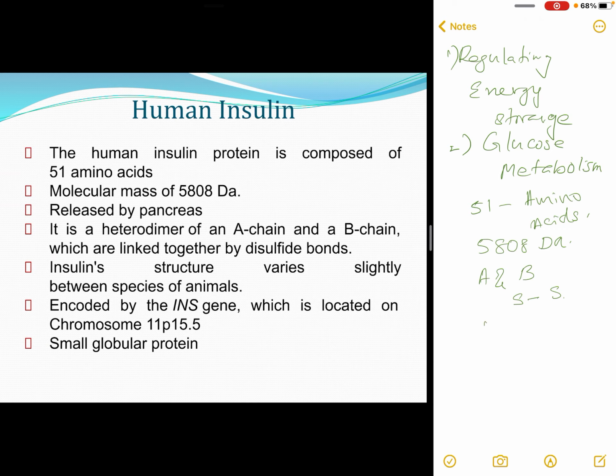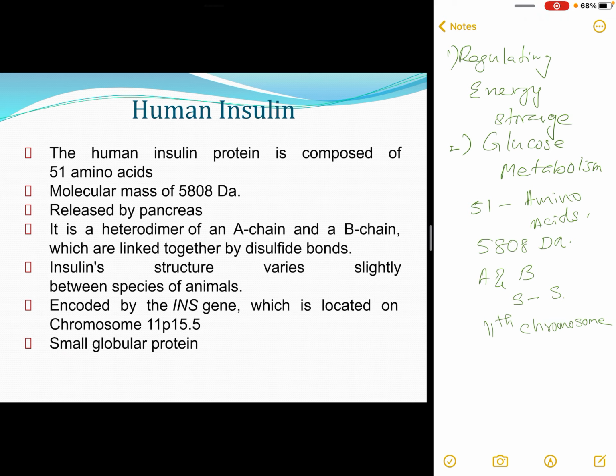This gene is located on the 11th chromosome. Each protein is produced by a particular gene, whose location can be studied in advance.